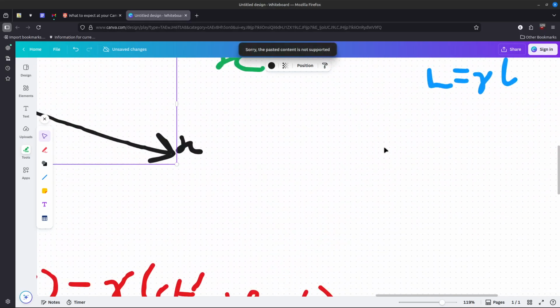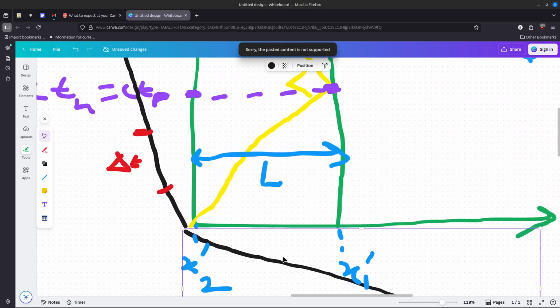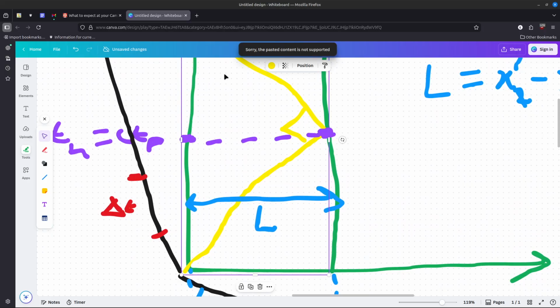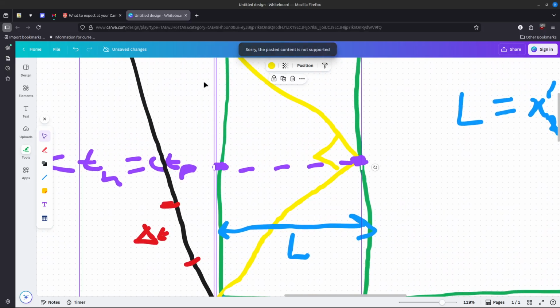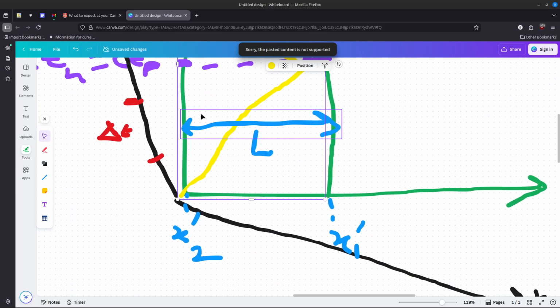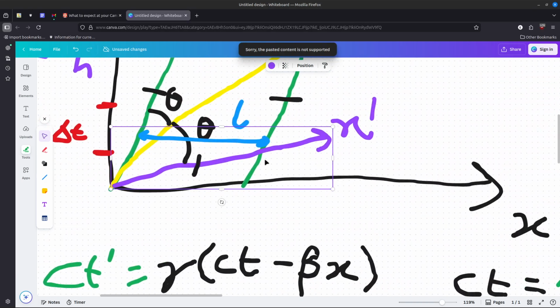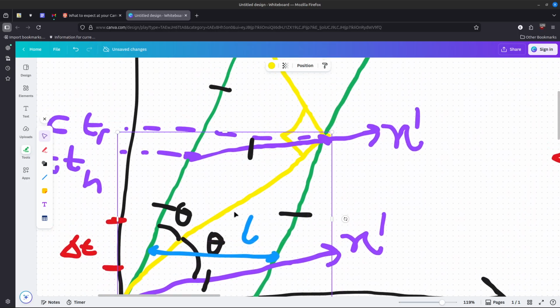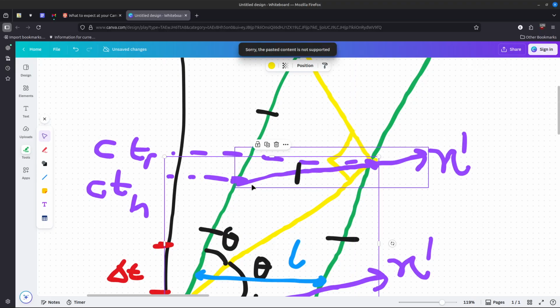And then the simultaneity or simultaneous events thing was how here, for example, the time to reflect and half the time it takes to come back happen at the same time, or the length of the train is measured at the same time. But if you then look here, the time taken to reflect and half the time it takes to come back no longer happen at the same time. So it's simultaneous for that guy, but not simultaneous for this guy.